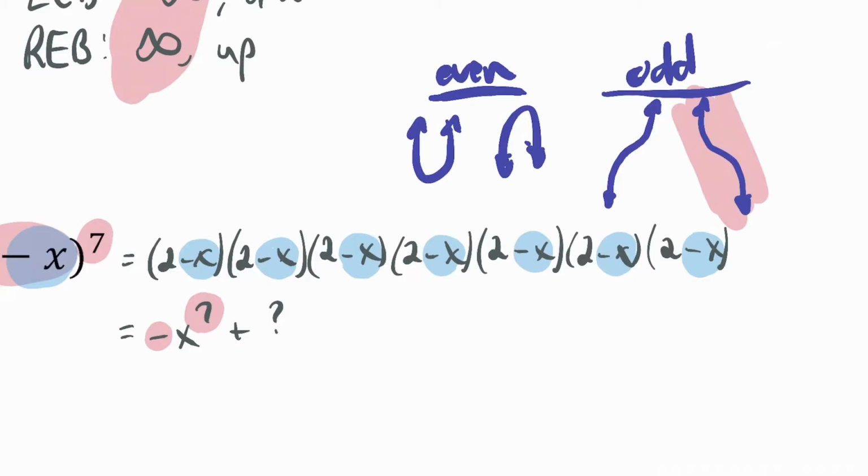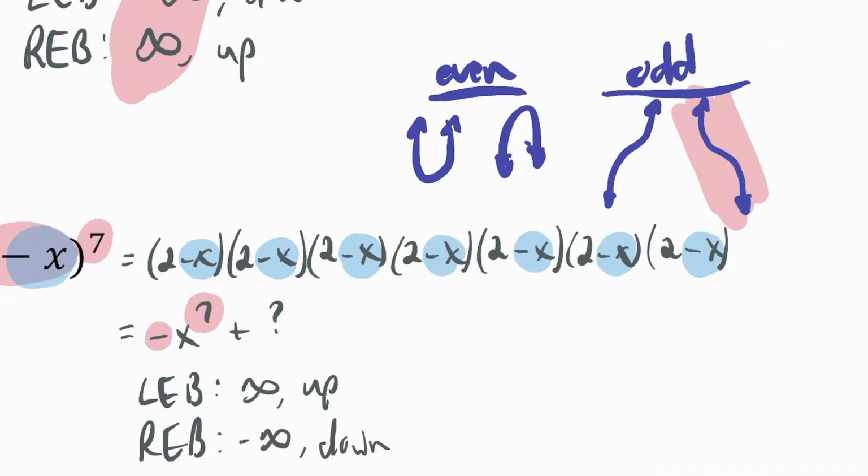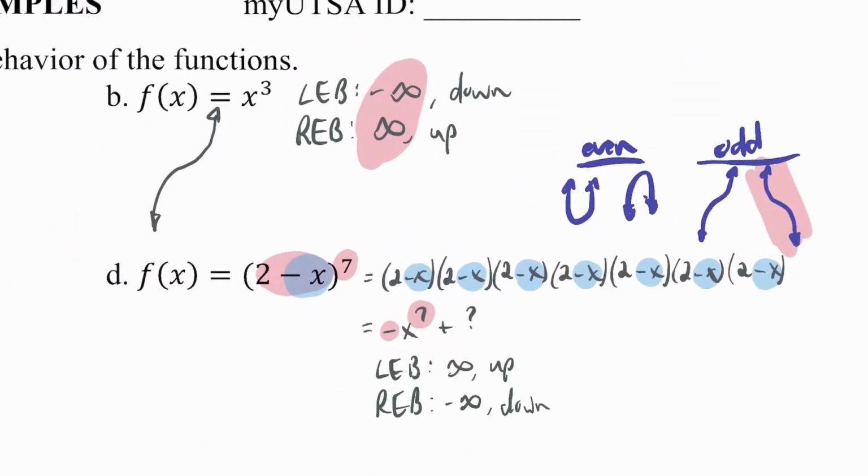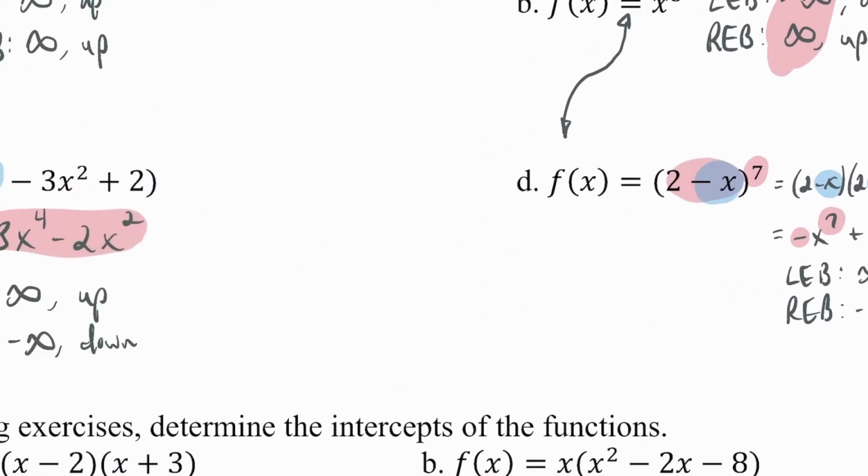So my left end behavior, in fact, maybe we could even summarize this, will be infinity or up. My right end behavior will be at negative infinity or down. Okay. Do we have room to summarize this? Yeah, sure, we can summarize it here.